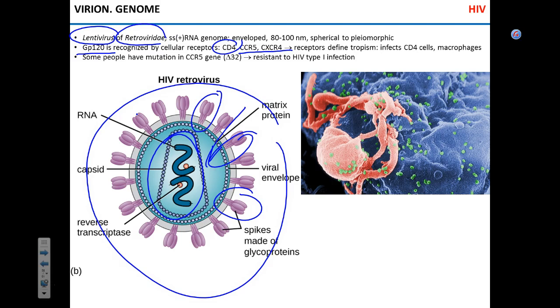Now, first interesting tidbit about HIV infection. Some people have a defective CCR5 gene, the so-called delta 32 mutation. These people are resistant to type 1 HIV virus. It was discovered in 1988, if my memory serves me well, when one gentleman who lived in New York came to, I believe it was Columbia University, but I wouldn't take my words to the bank in terms of which university it was.